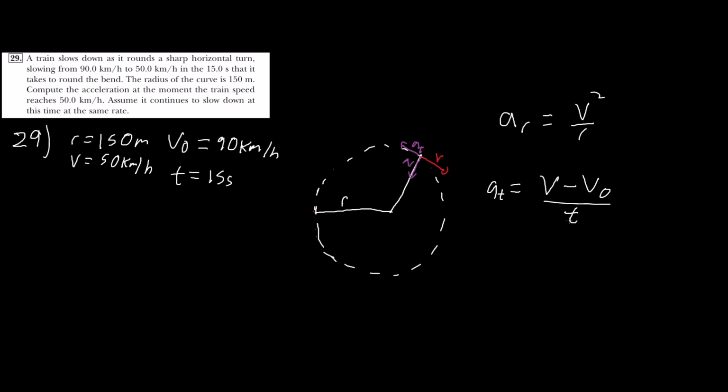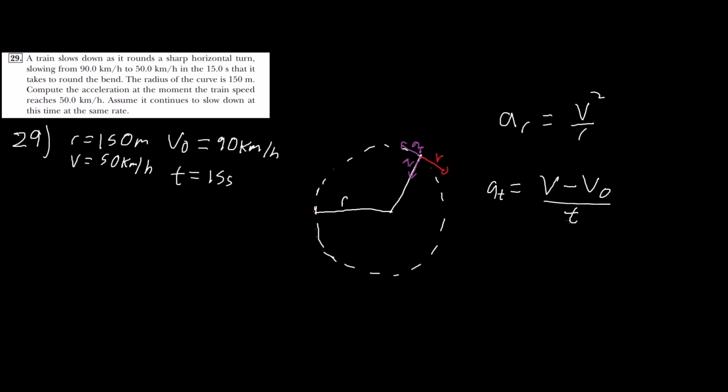So I'm going to take 50 kilometers per hour times 10 to the 3 divided by 60 squared, store that as v, and 150 meters, store that as r.